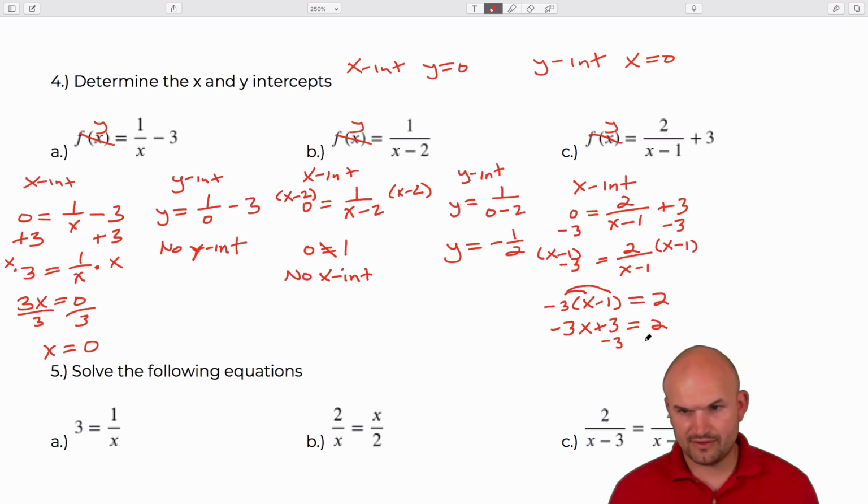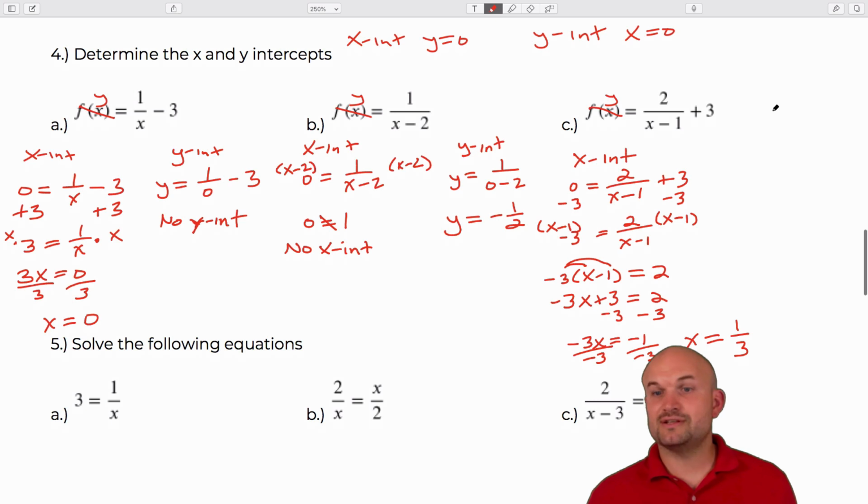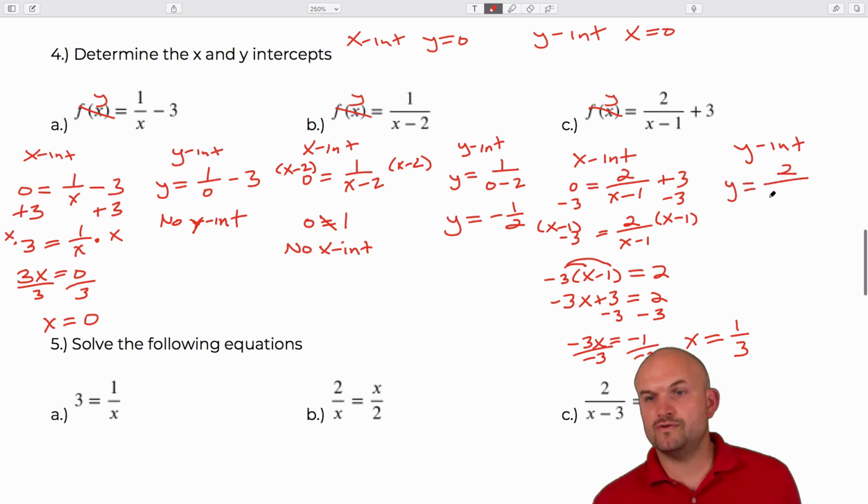If I subtract 3, I get negative 3x equals negative 1, and then divide by negative 3, and I get x is equal to positive 1/3. Yep, very good. All right, so now let's look into the y-intercept. So now, looking into the y-intercept, I'm going to have y is equal to 2 over 0 minus 1, plus 3.